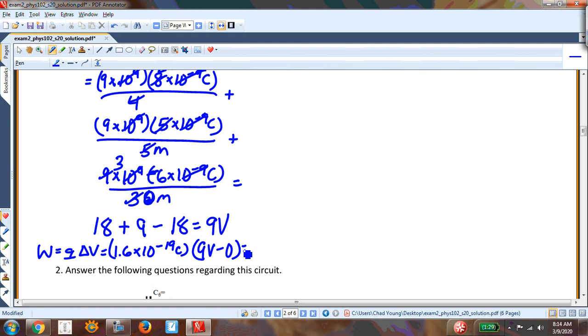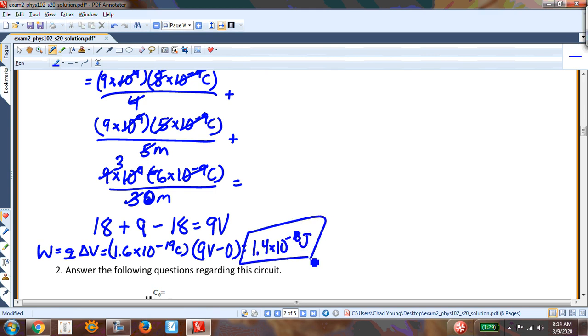And so that's going to be equal to 1.4 times 10 to the minus 18 joules.